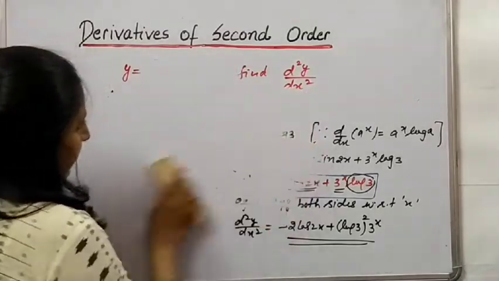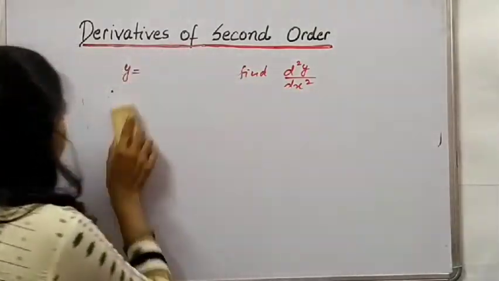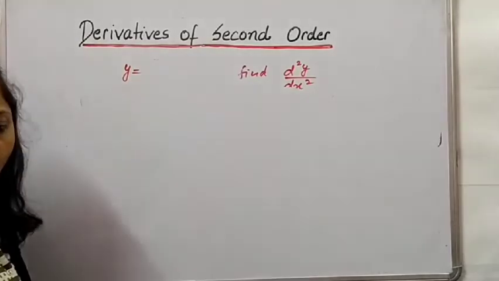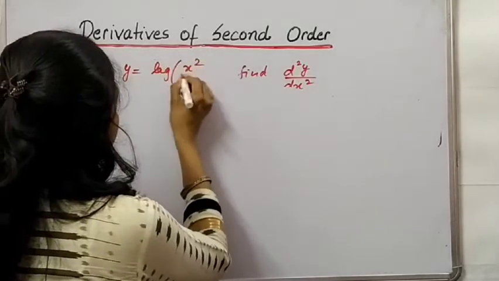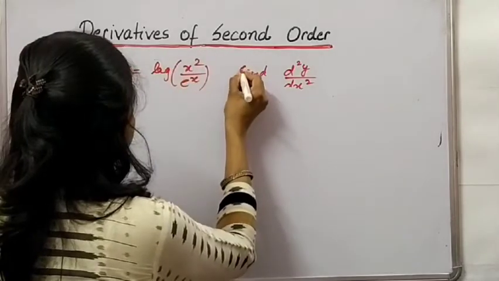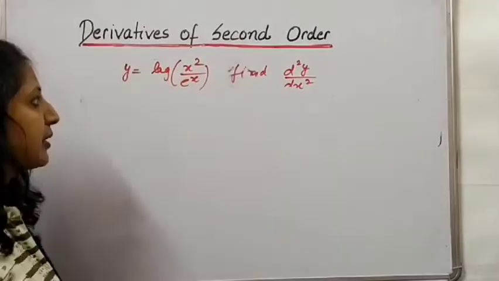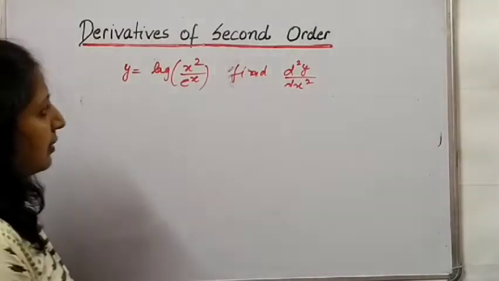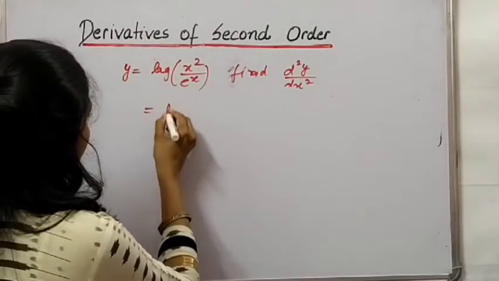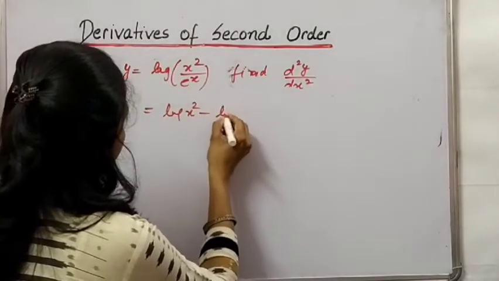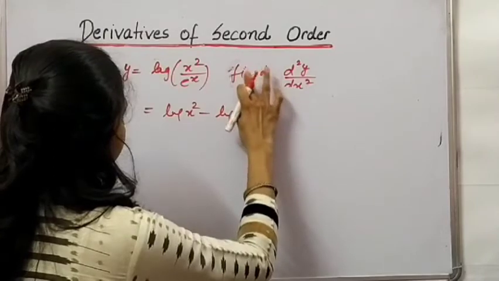So in our next question it is given, our function is y is equal to log of x square upon e raised to power x, and we have to find the second order derivative. Okay, so first of all we will write log of x square upon e raised to power x as log x square minus log e raised to power x.